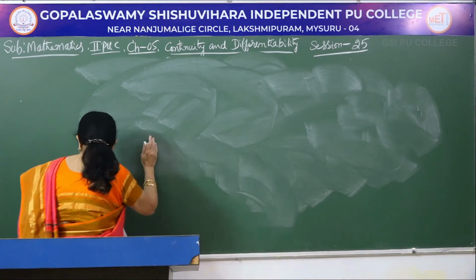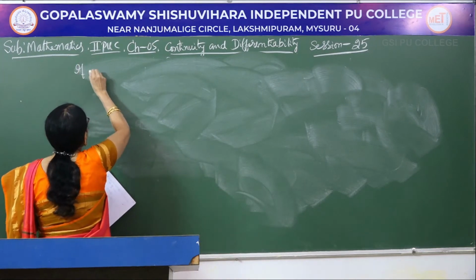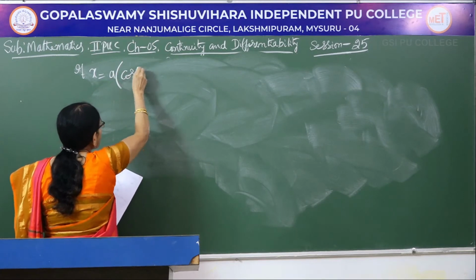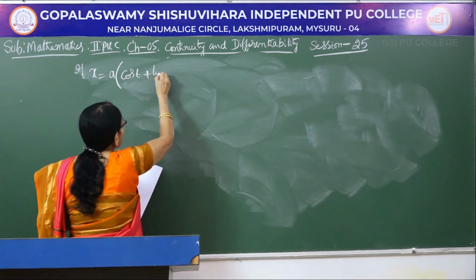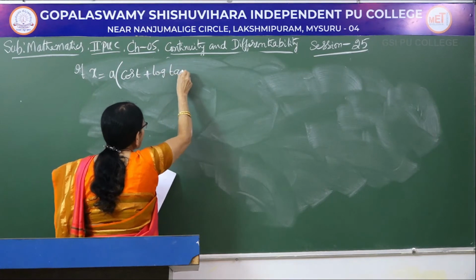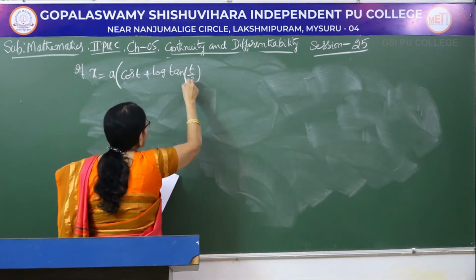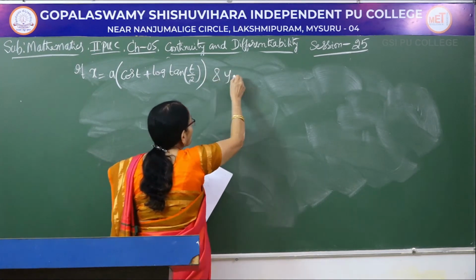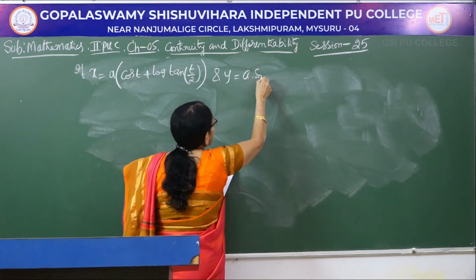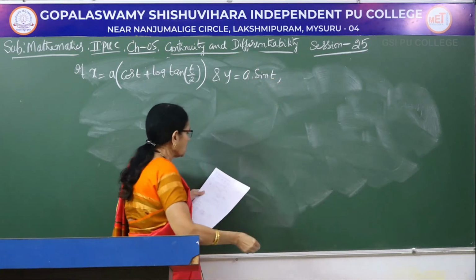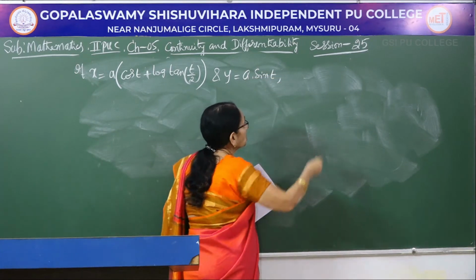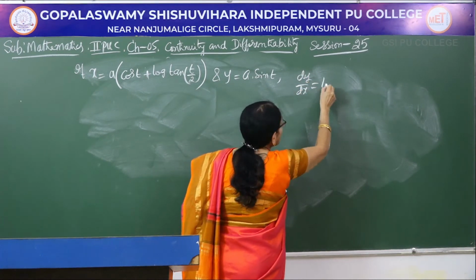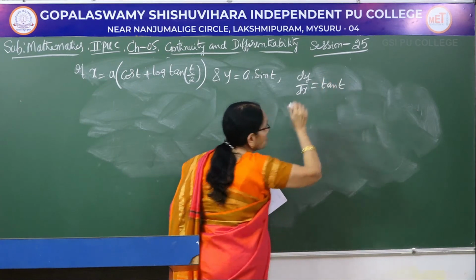The problem is like this: if x is equal to a into cos t plus log of tan of t by 2, and y is equal to a into sin of t, show that dy by dx equal to tan of t.